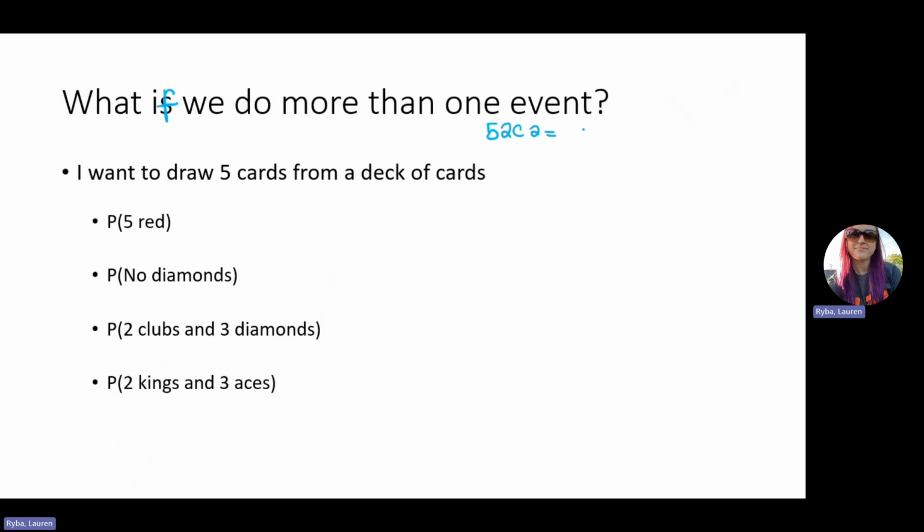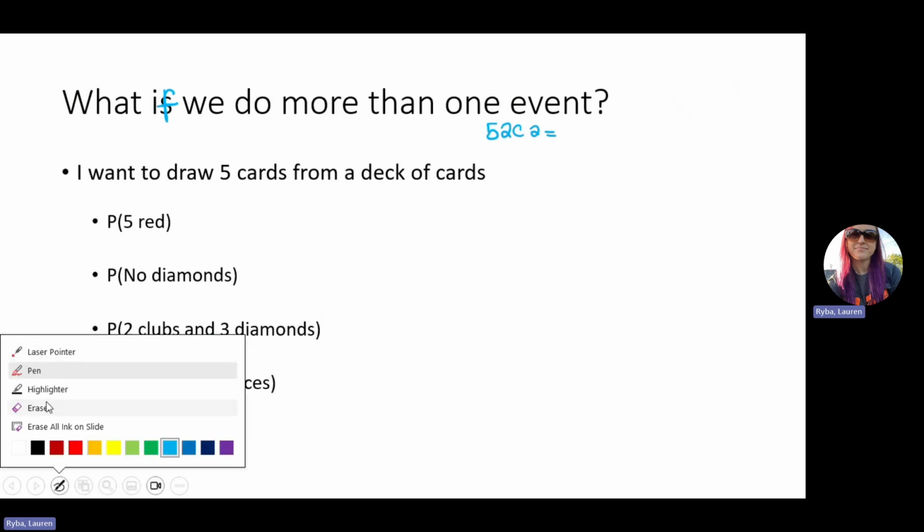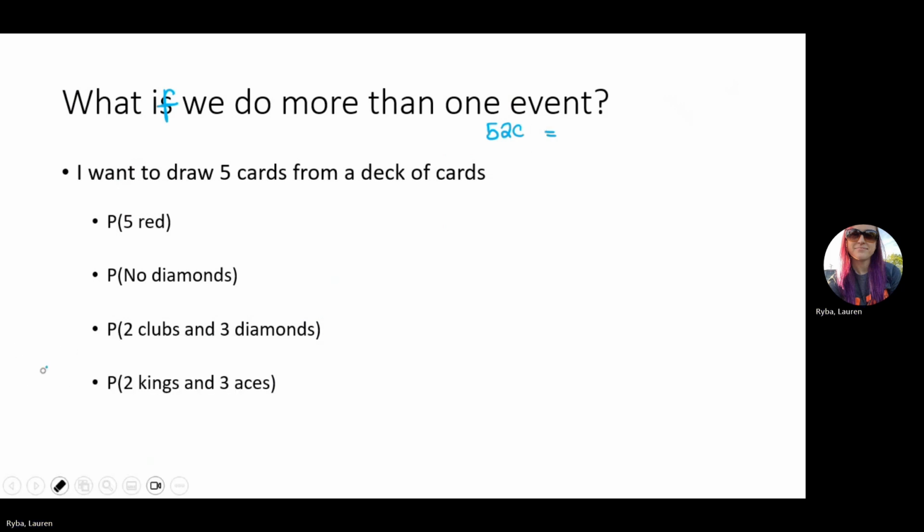And that gave me like 2.5 million. 52, choose 5, not 2. 52, choose 5. So it was 2,598,960. That's my denominator for every single one of these problems. Anytime I'm drawing 5 cards, this is the total number of ways of drawing 5 cards from a deck of cards. So the denominator of all of these is 52, choose 5.